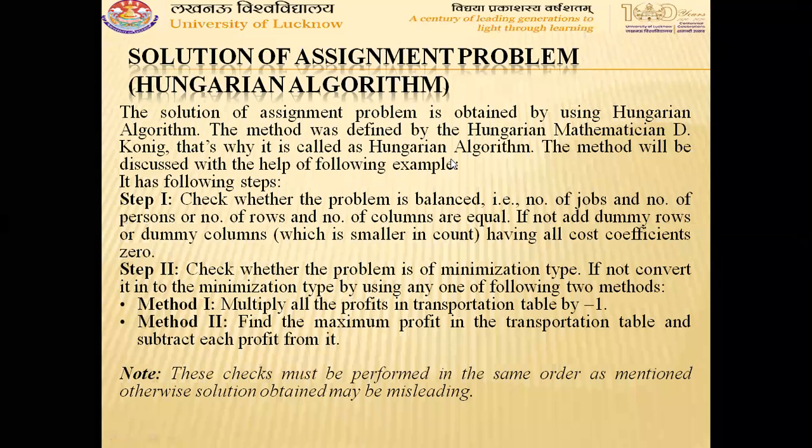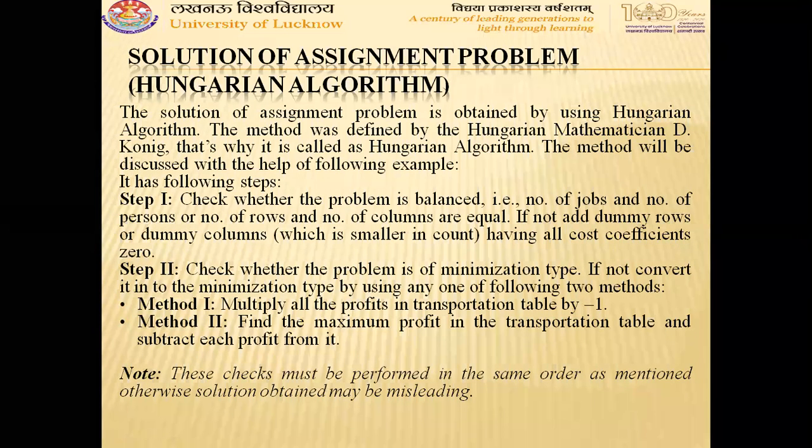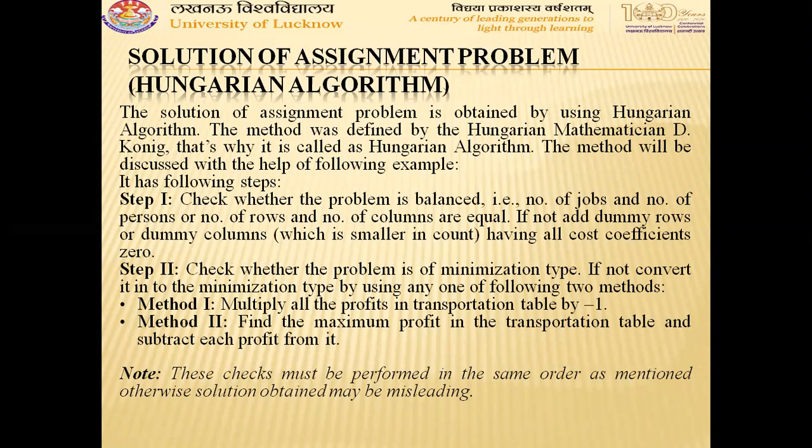The first method is to multiply all the profits in the assignment table by -1. That means each and every quantity in the assignment table should be multiplied by -1. The other method is to find the maximum profit and subtract all the other profits from it.